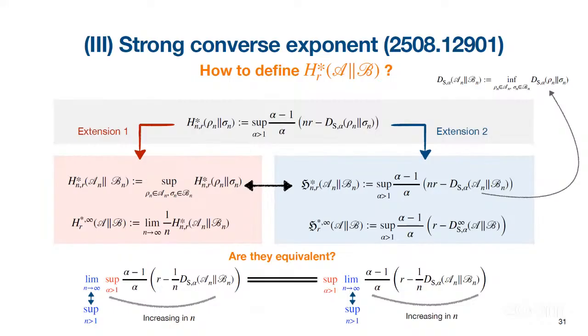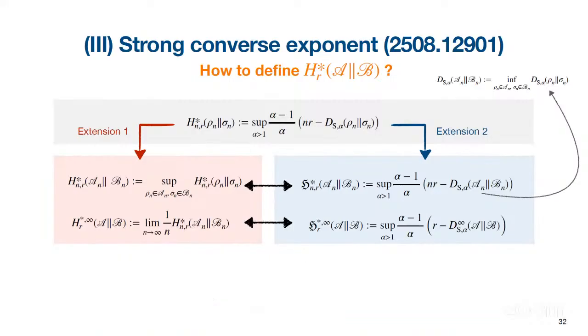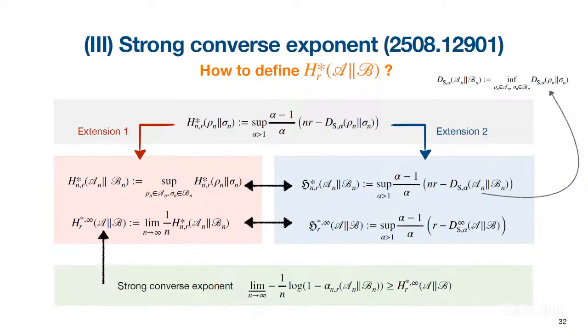So the case is also easy here. For the strong converse exponent, if we extend in two different approaches, they come out as eventually the same thing. So we prove that the strong converse exponent in the composite setting is lower bounded by this regularized quantity.